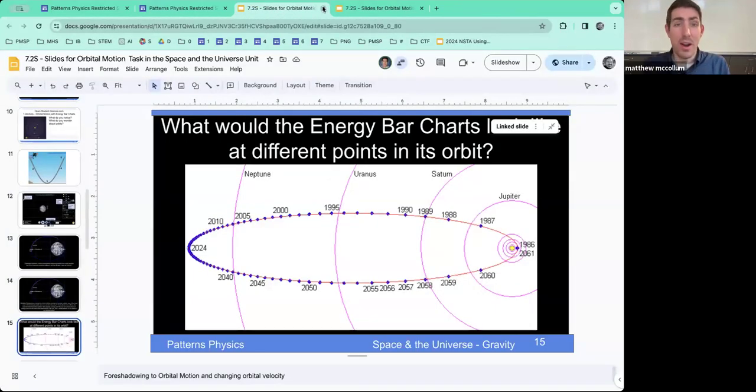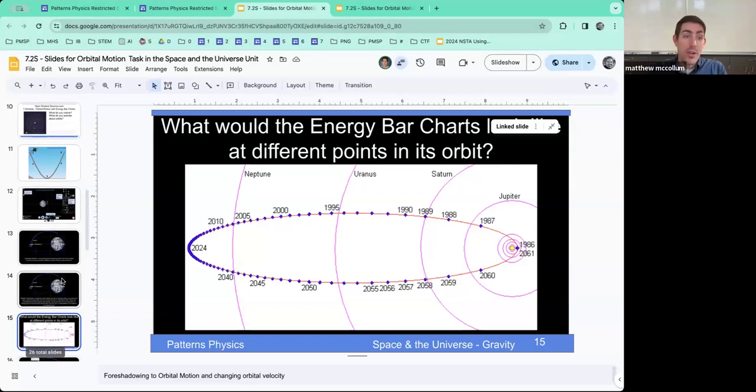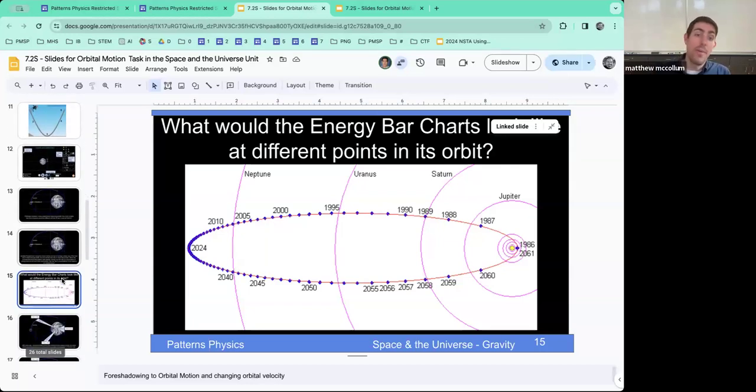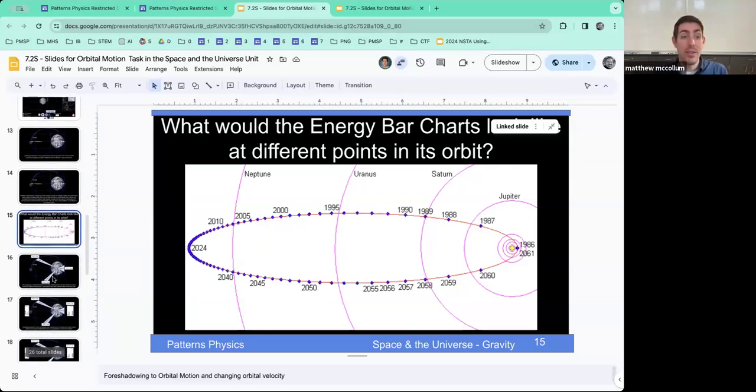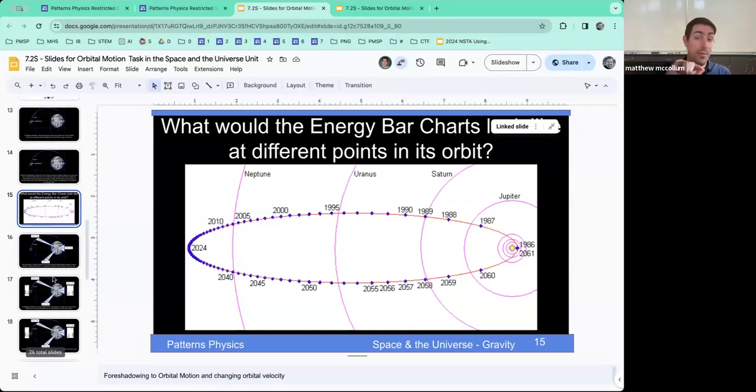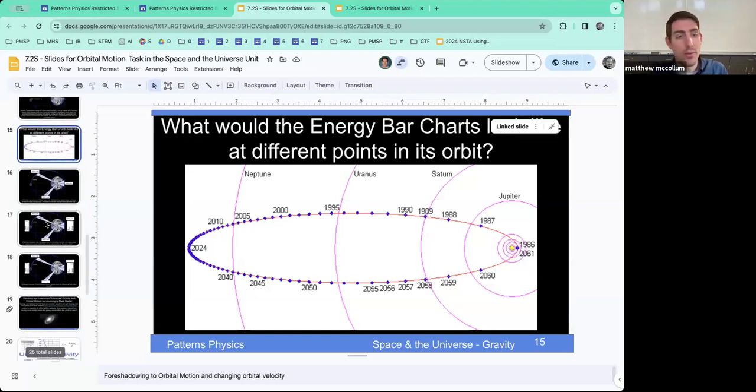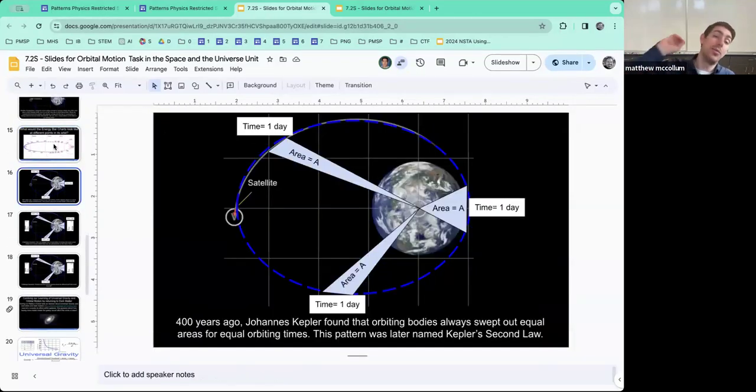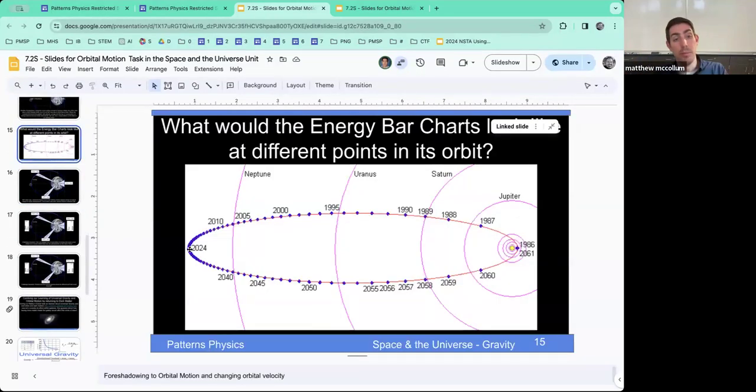we want to hark back to this, and this is a good one: what would the energy bar charts look like at different points? We're looking back at Halley's Comet, and we've already foreshadowed this, that you can look at that energy. Right now, in 2024, Halley's Comet is way out, and it's moving pretty slowly. It has lots of gravitational potential energy, not much kinetic energy.